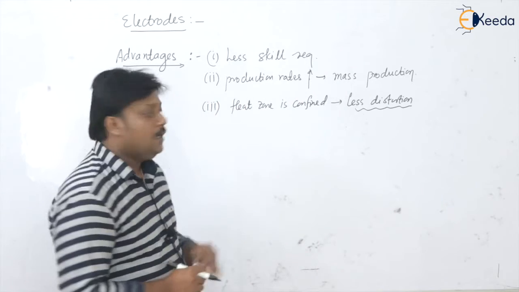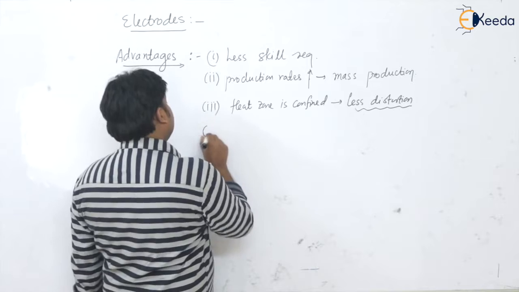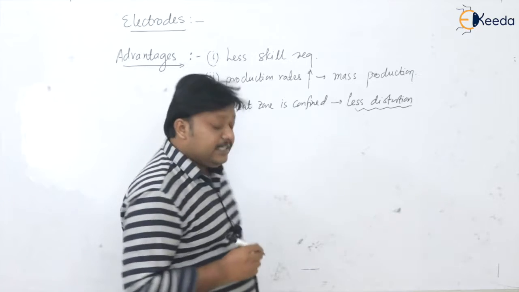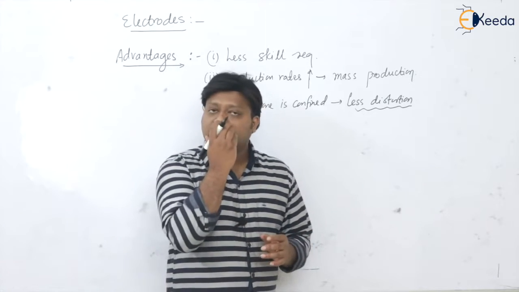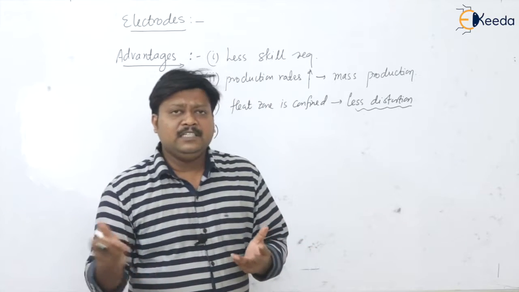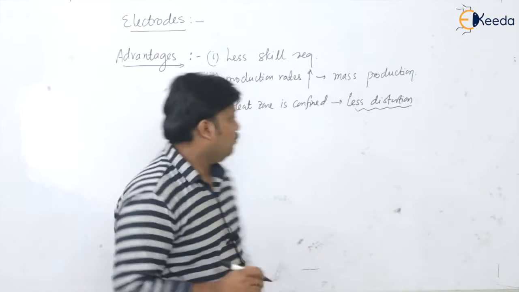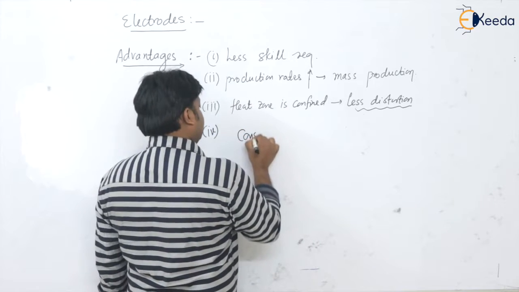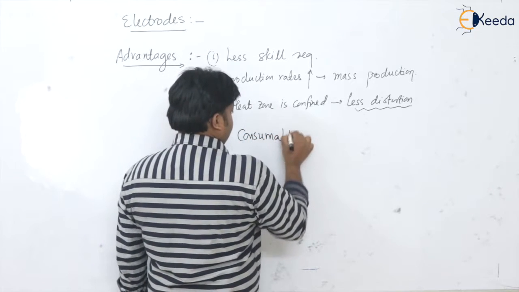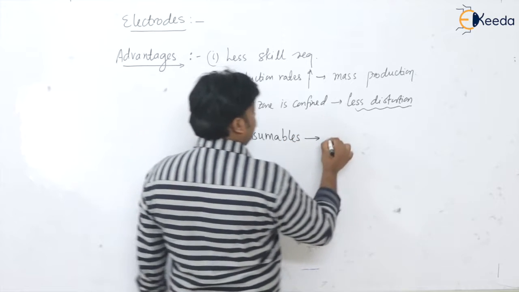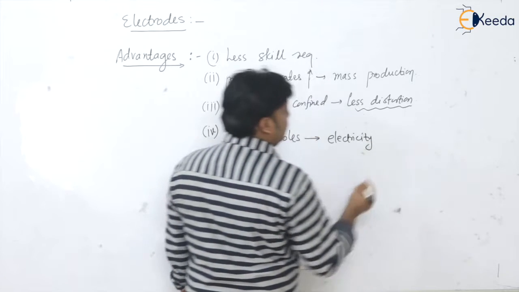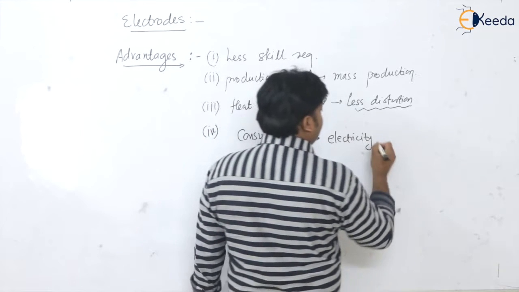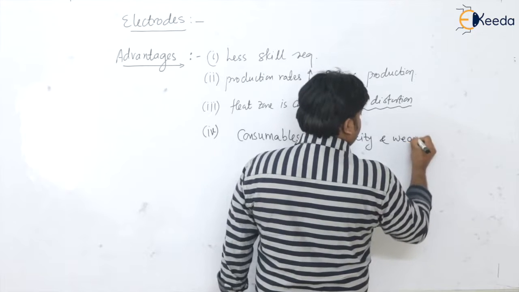Now if you talk about the consumables used in this process, what are the consumables? Only the electricity. That is the electric current we are using in huge amount, and the wear of the electrode.